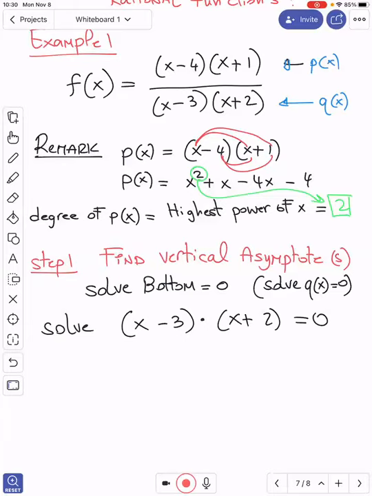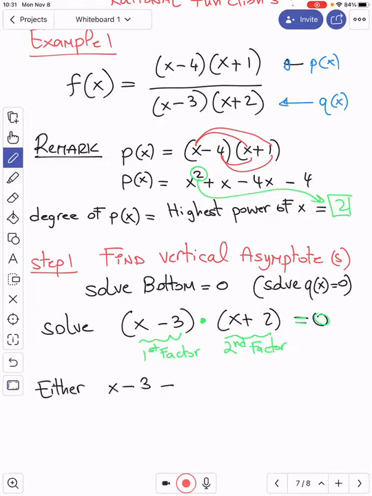Because Q is a product of factors equal to 0, one of the factors must be 0. So you don't have to apply the quadratic formula or factorize. You can just say either the first factor x minus 3 is 0, or x plus 2 is 0.